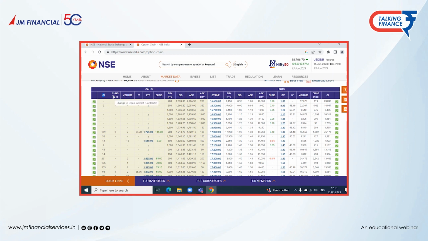So open interest, as the name suggests, it is all to do with your number of contracts that are kept open. For example, if you and I are trading, मान लीजिए कि आज हम दोनों hypothetical example में we are trading in Nifty. आपने भी buy की है, मैंने भी buy की है, but जाते जाते मैं अपना position काट के जा रही हूँ, आप अपनी position open रख रहे हैं. So in your case, it becomes an open interest, right?